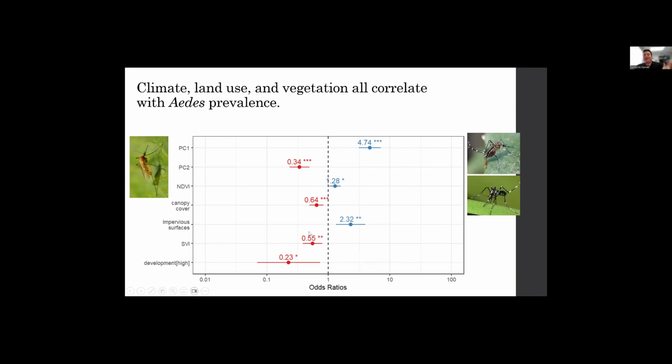And we can extrapolate that out to a larger model where we have climate, land use, and vegetation. We can see all of these things significantly correlate with our presence of Aedes. On this tree plot, as these odds ratio estimates move towards the right, you're predicting more Aedes, and as they move towards the left, they're predicting more Culex, with the stars denoting the level of significance. And all three of our land use categories significantly influence this.